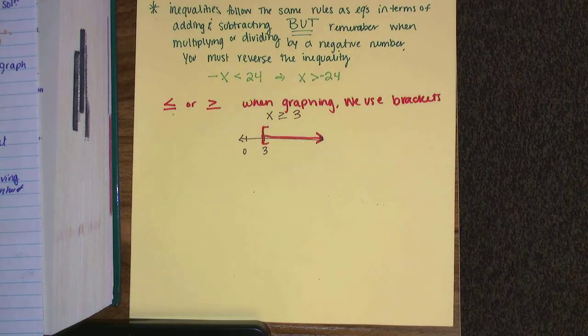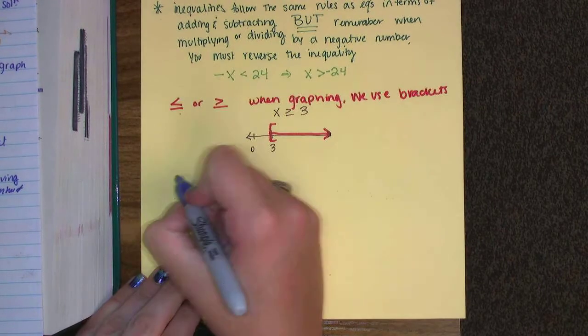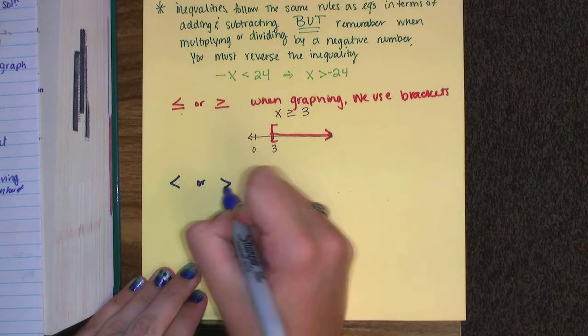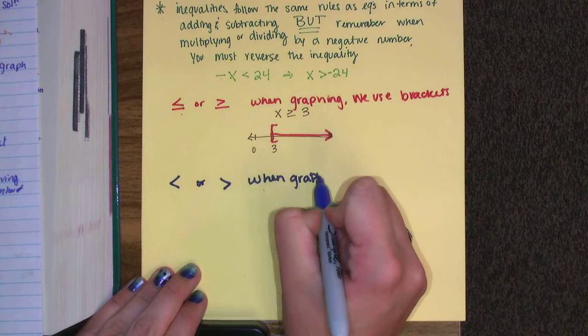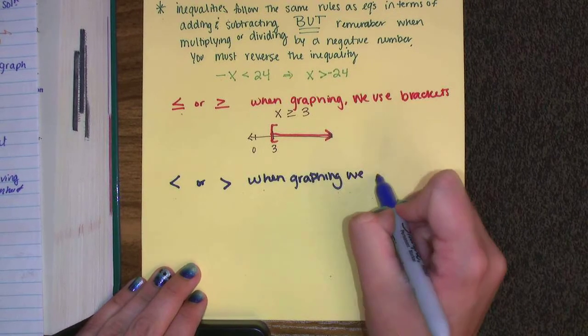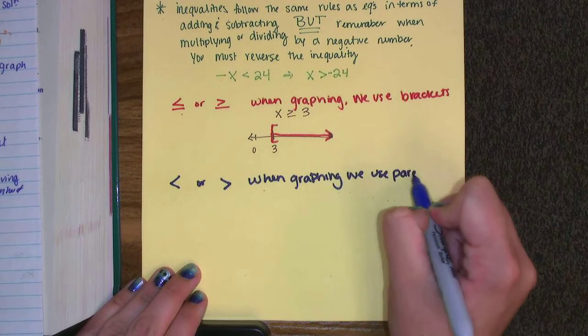Then if I have something like just less than or just greater than, when graphing, we use parentheses.